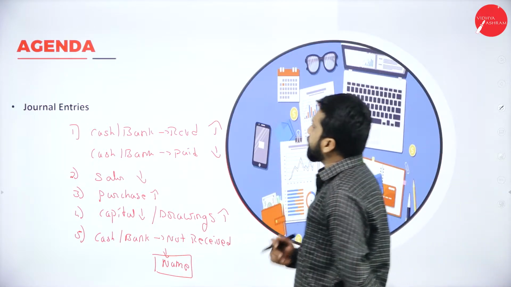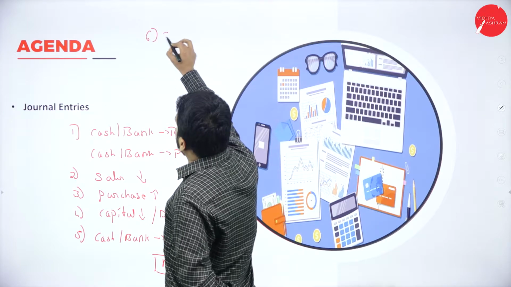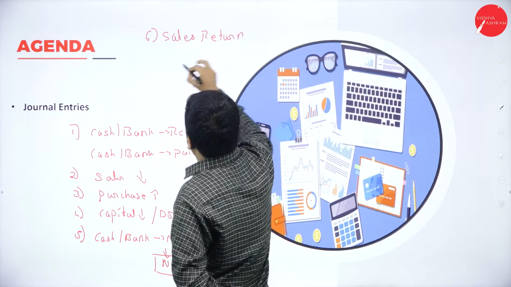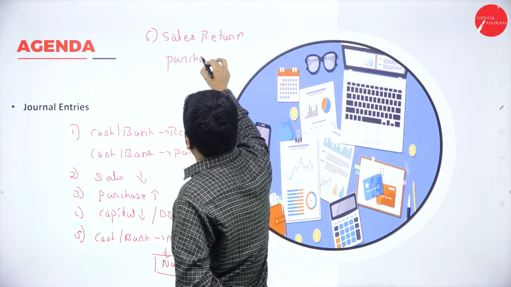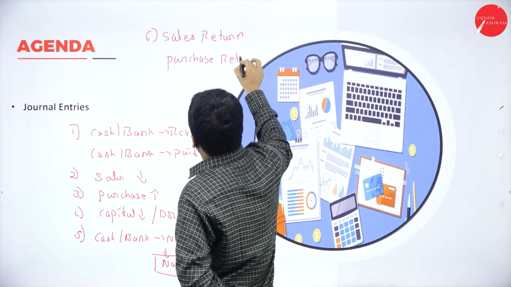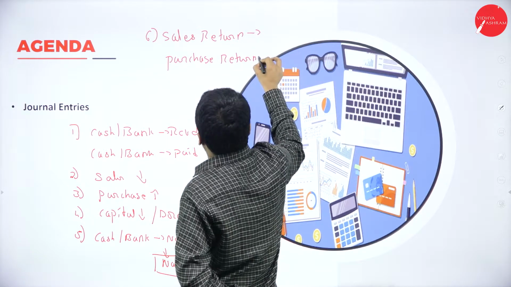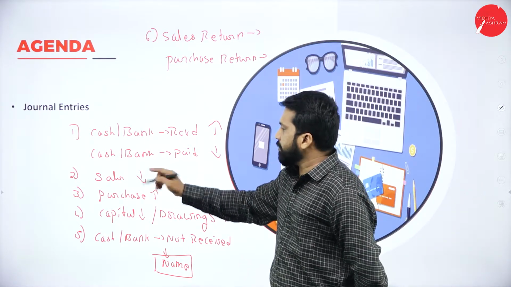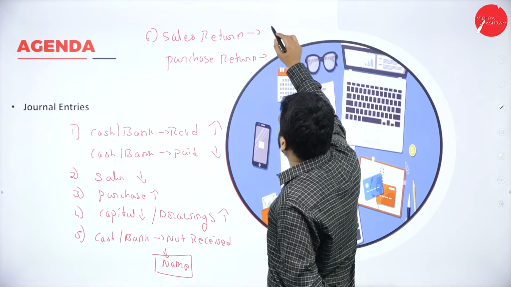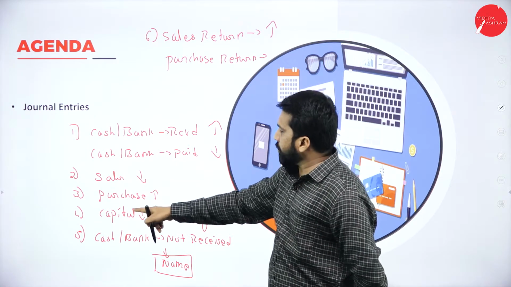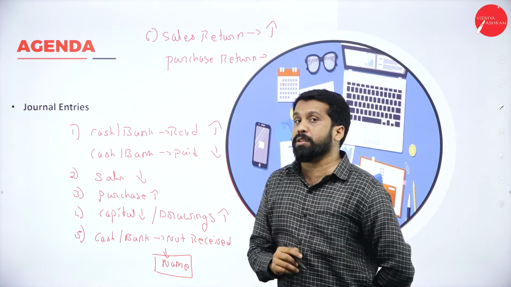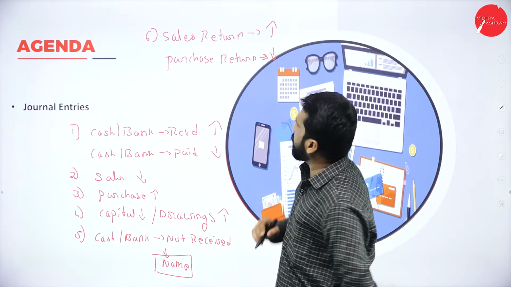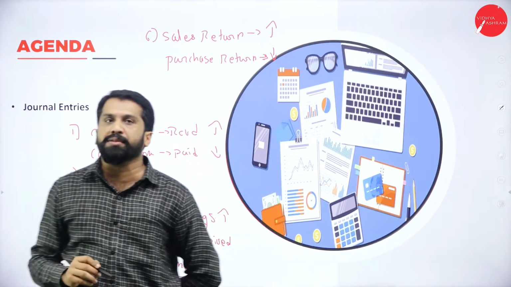Now, what will be the 6th one? Remember, sales return and purchase return. Remember, sales always comes down, but sales return always comes up. Purchases always comes up, but purchase return always comes down. Reverse. Clear? So these are the logics you need to remember.